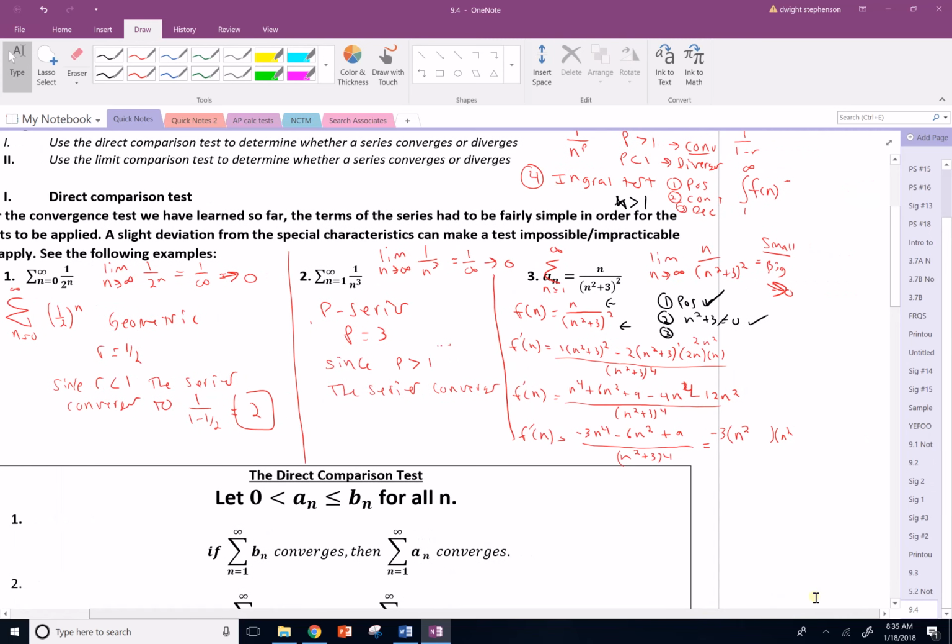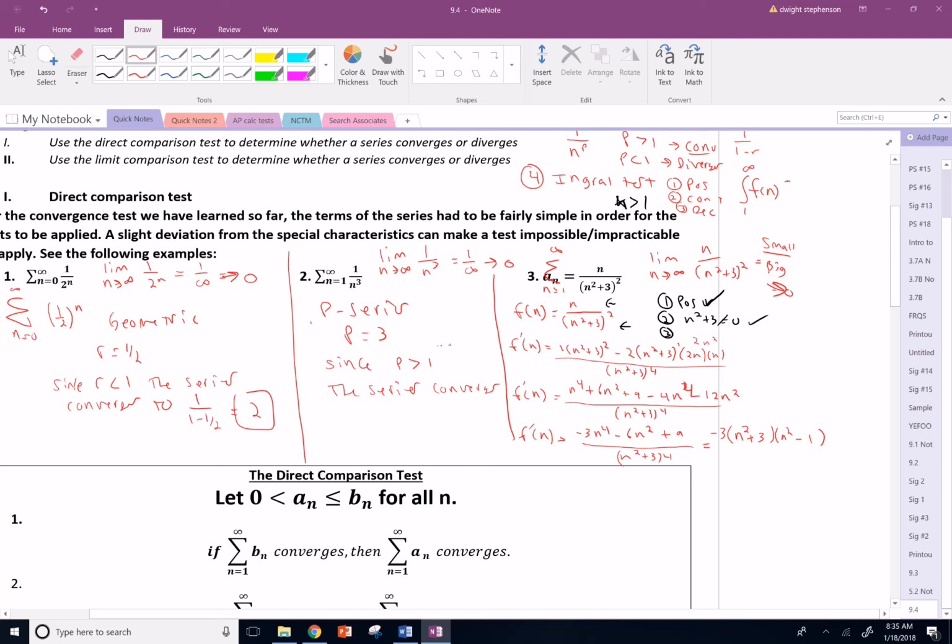You can see how this integral test is kind of a pain, because we have a lot of work just to show that it's decreasing.